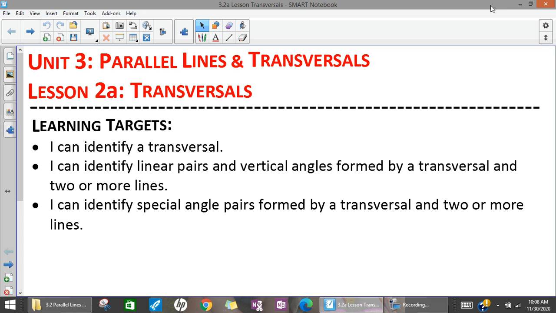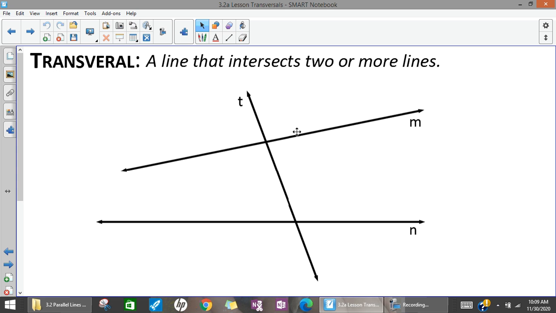Hey all, today we're going to talk about some more angle pairs that we will see, and these angle pairs are formed by this unique scenario where we have lines intersected by a special line called a transversal. So here we have three lines.